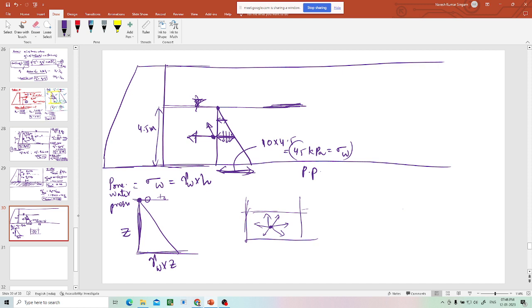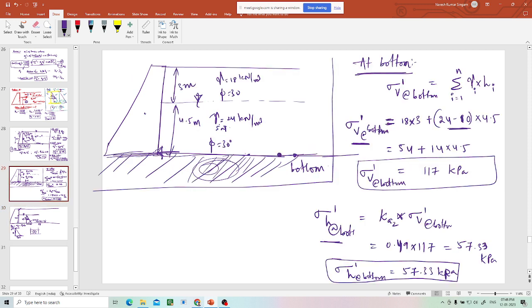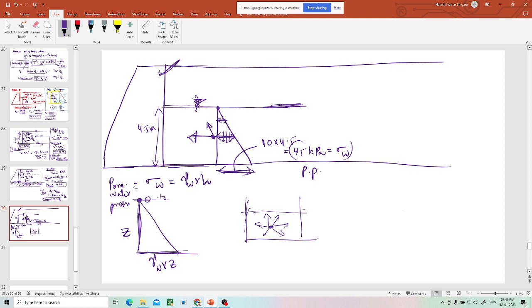Finally, this wall is not only subjected to the effective horizontal pressure, which comes from the effective vertical stresses where we are neglecting the water. It is also subjected to the water pressure, which is horizontal, and that horizontal pressure is the same as the vertical pressure, gamma W into Z. That is the reason why, whenever you are asked to find the horizontal earth pressure, you should not forget the water.